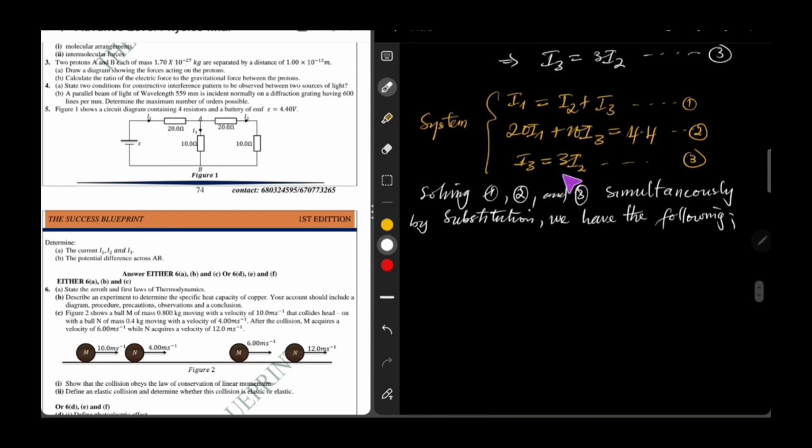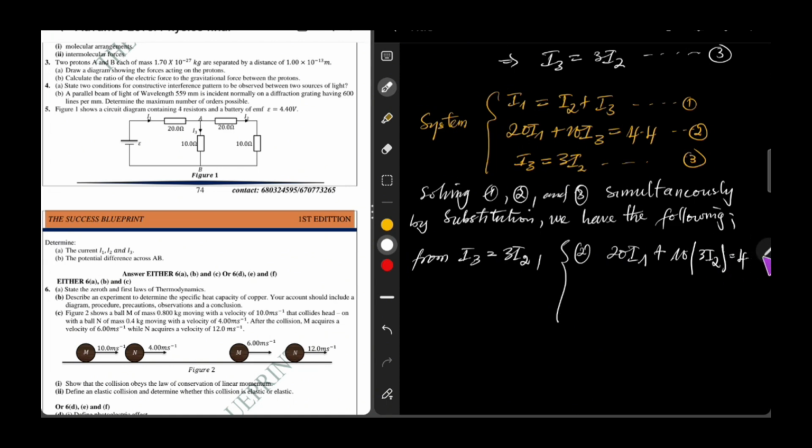Let me quickly take I3 and replace it in equations 2 and 1. So from I3 equals 3 I2, equation 2 becomes 20 I1 plus 10 into 3 I2 equal to 4.4.